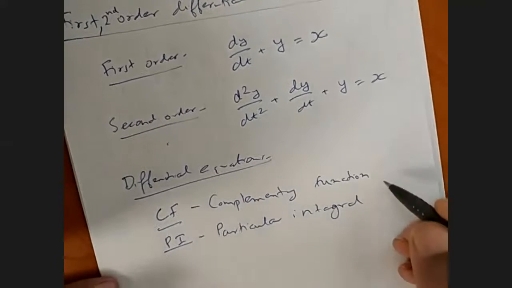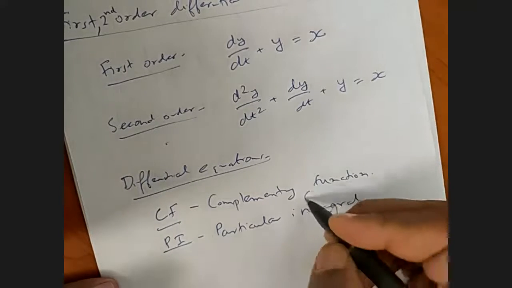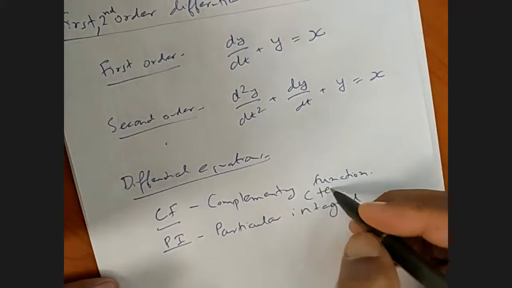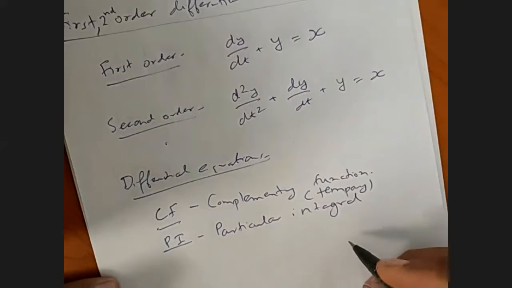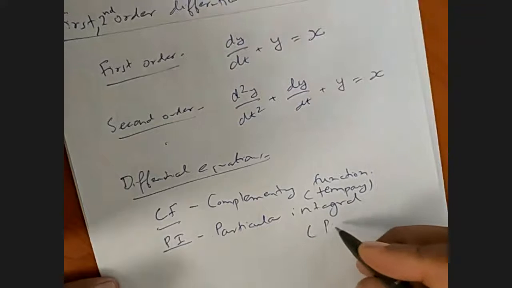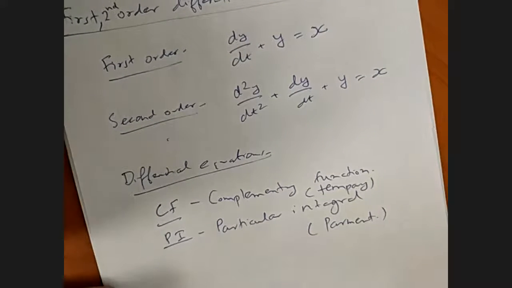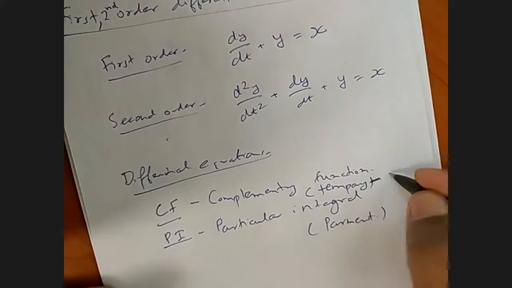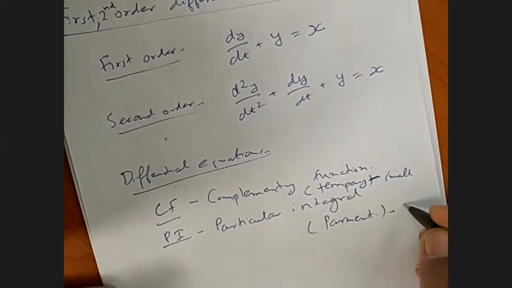Or you can say that complementary function is a temporary part and particular integral is a permanent part. So it is only for a small duration and it is for final.